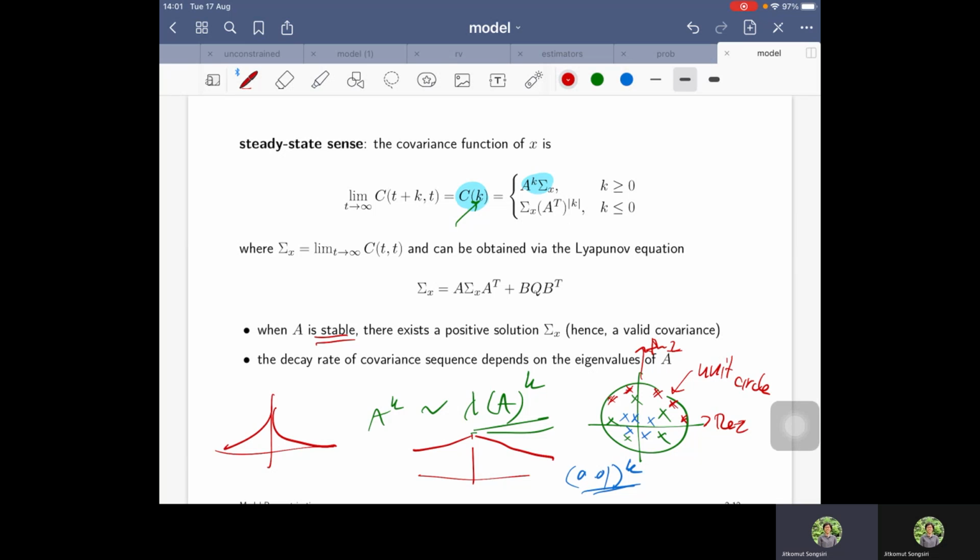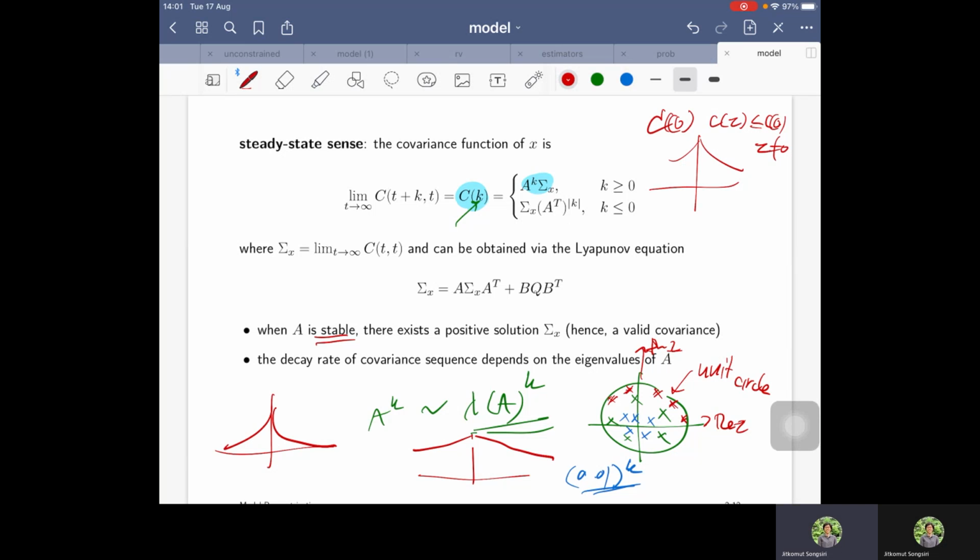Please refer to the basic properties of the covariance functions in the appendix of my book. You know that of course Z0 will have the maximum value, and C at time tau will always be less than Z0 for tau different from 0. This is of course for a weakly stationary process.